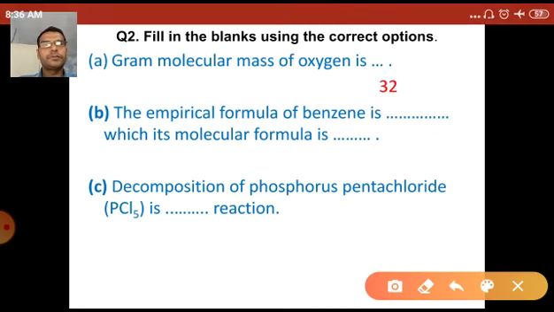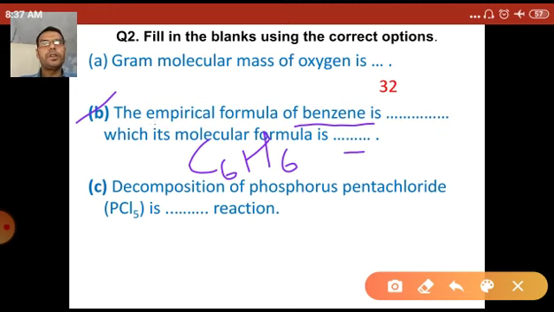Now the next question, B number, the empirical formula of benzene is dash, while its molecular formula is dash. You know that the molecular formula of benzene is C6H6. The empirical formula is the simplest whole number ratio of the elements of a molecule.